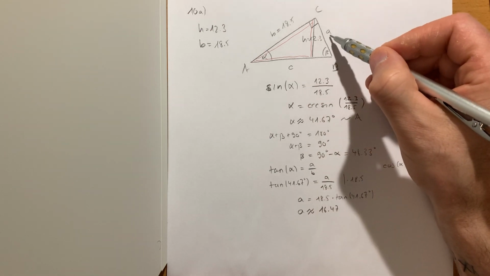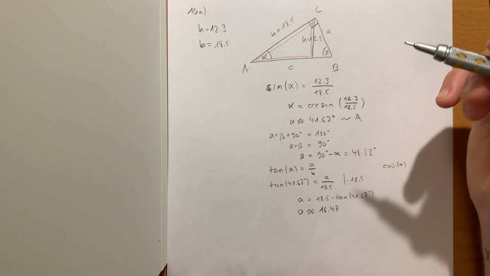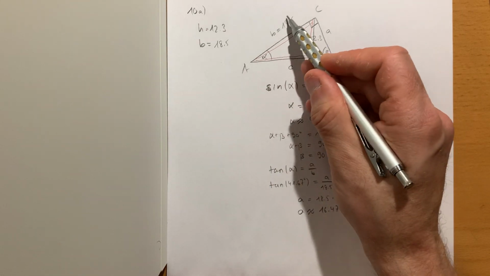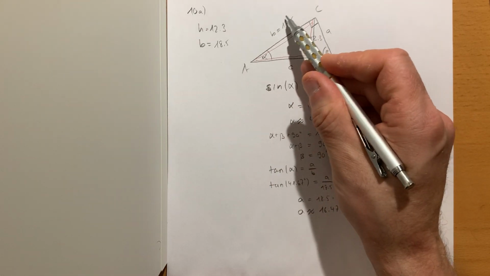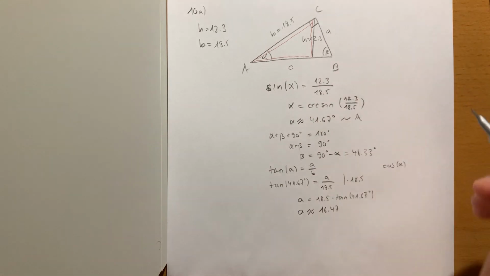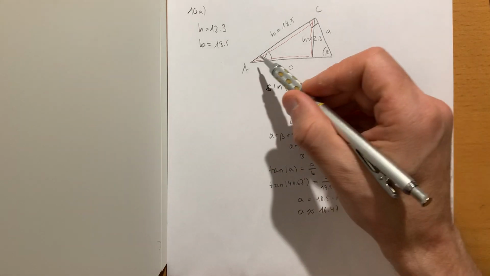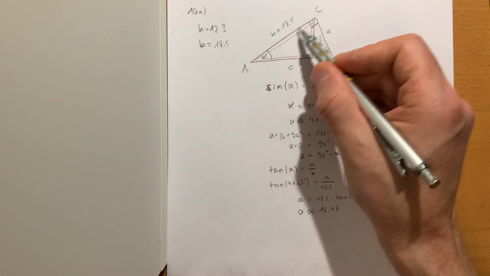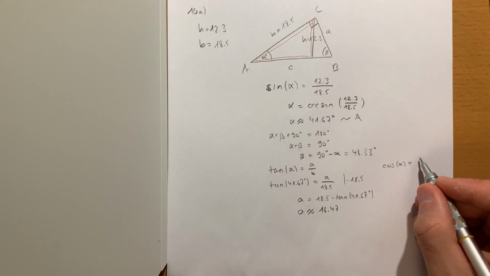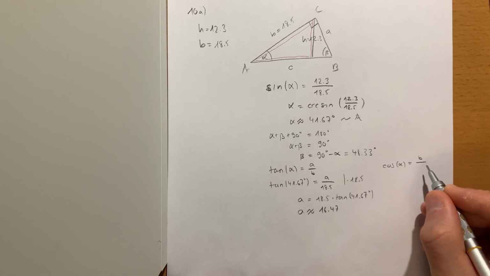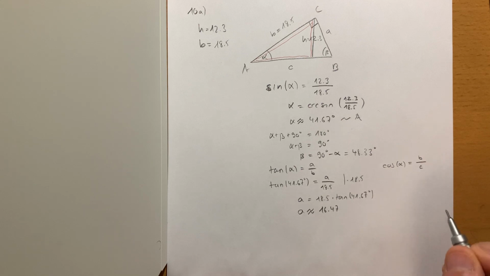As we know a now, we could do it, but I'm going to use cosine because I'm using the value I was given at the beginning. So cosine alpha is adjacent over hypotenuse in the large triangle. Adjacent, so that's B, over the hypotenuse, C, that's what I want to know.